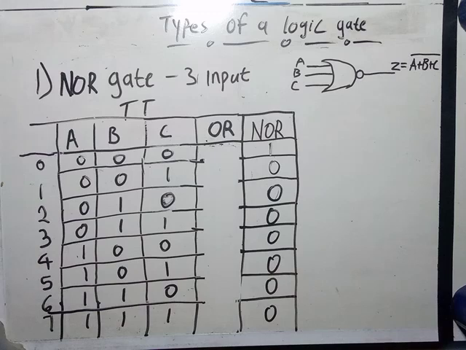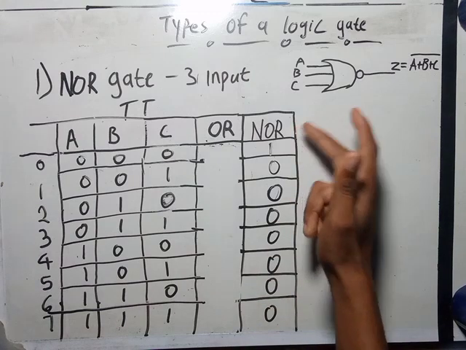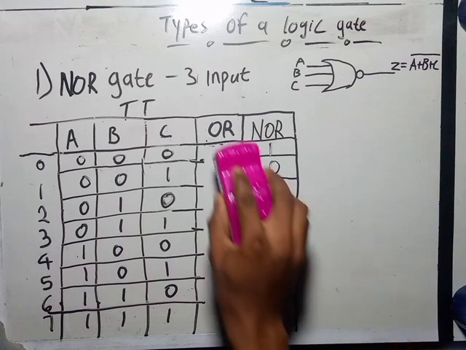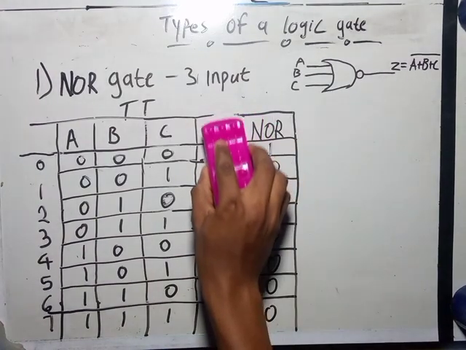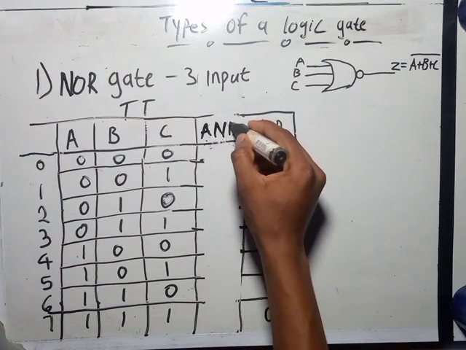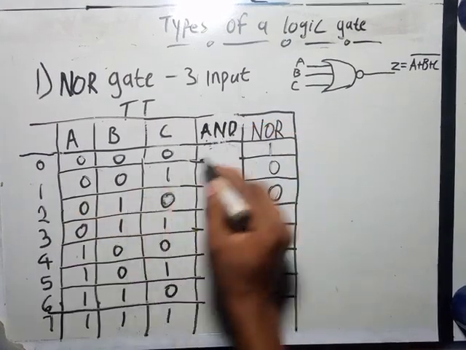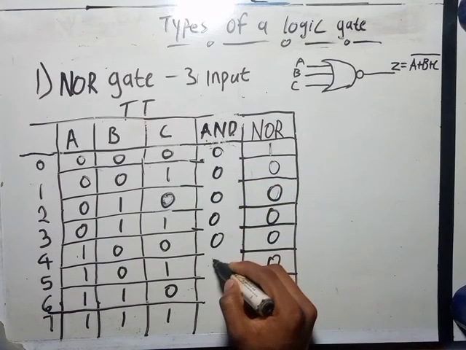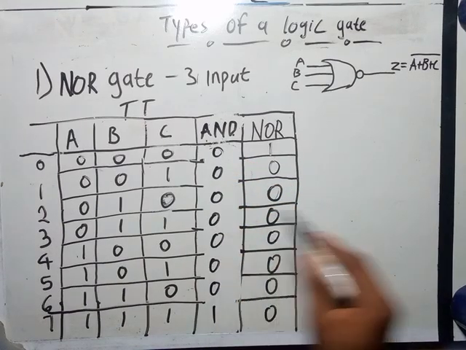And I'd like to say something because when I was going through this, I almost got confused. I was thinking that your NOR and your AND are kind of saying the same thing. They are not. If this was for your AND, here we have 0, 0, 0, 0, 0, 0, 0, 1. So they're not the same thing.